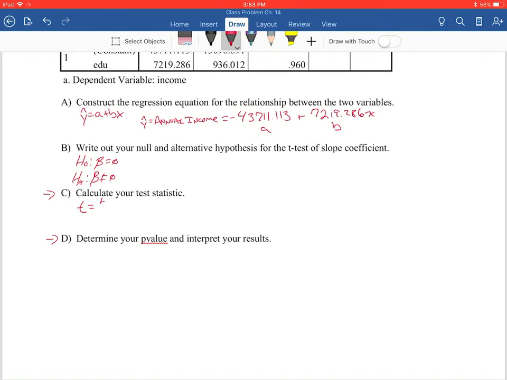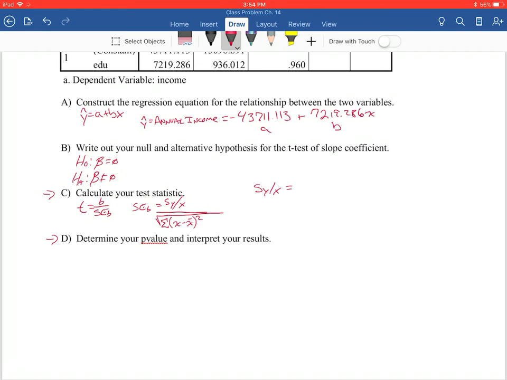Then you calculate your test statistic. Your test statistic, since you have two variables you're looking at, is going to be a t-test, and your t-test for this is going to be your b over the standard error of b, where your standard error of b is equal to s_y|x divided by the square root of the sum of x minus x bar squared.